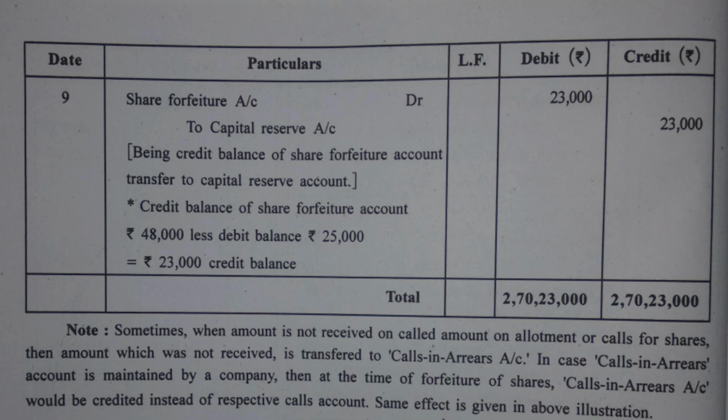So the remaining amount is simply to be transferred to capital reserve account, which is 23,000 rupees. Yes, and that's all. This is the total. Total of both the sides of debit and credit should always be equal. We know this very well.